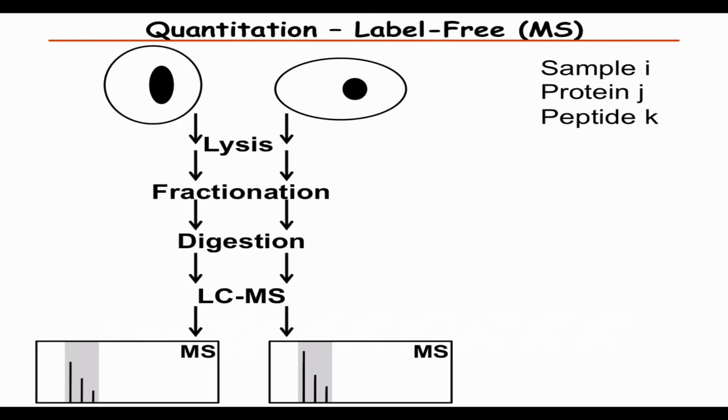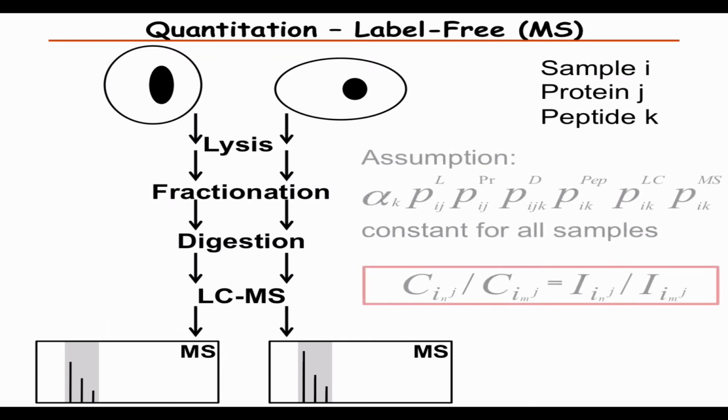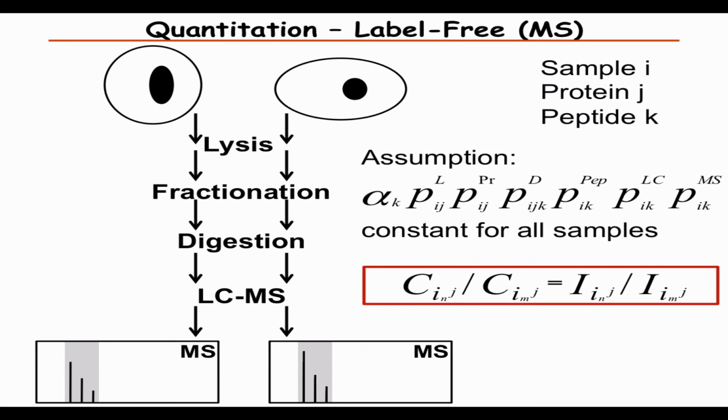So one thing we can do is, for example, what's called label-free quantitation, where you try to keep all the conditions as constant as possible and analyze one sample after the other and then compare them. Now, of course, it's not easy to do that, especially if you have many samples.